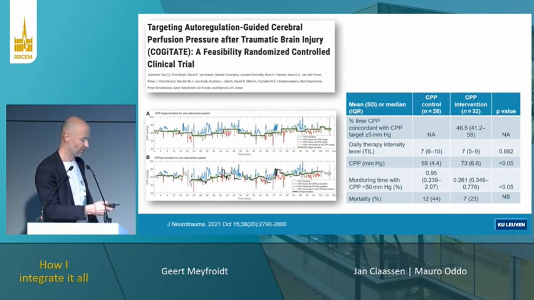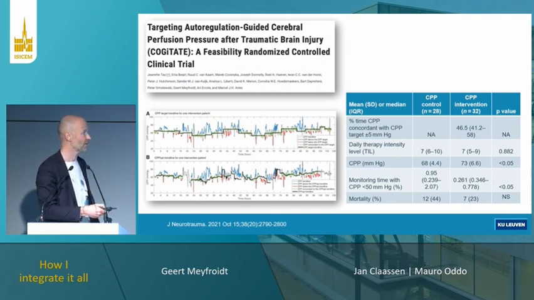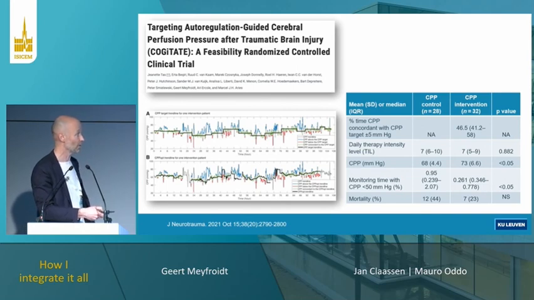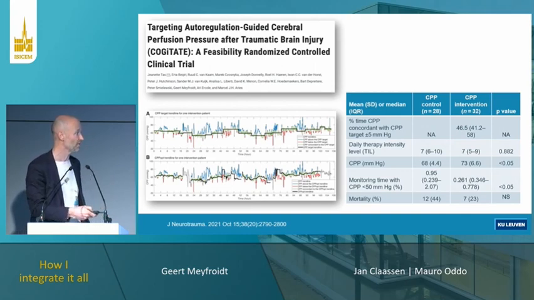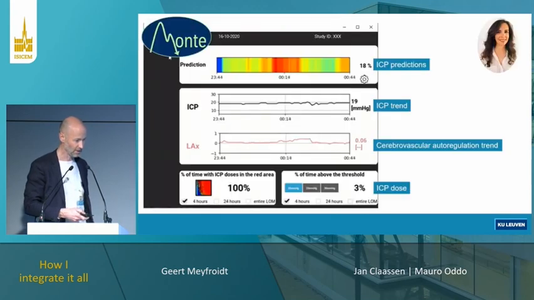It was feasible using the software to get the CPP within this target in a bit less than 50% of monitoring time, without increasing the therapeutic intensity level, with higher CPPs in these patients, with a reduction in unacceptably low CPPs, and with a non-significant trend towards improved mortality.